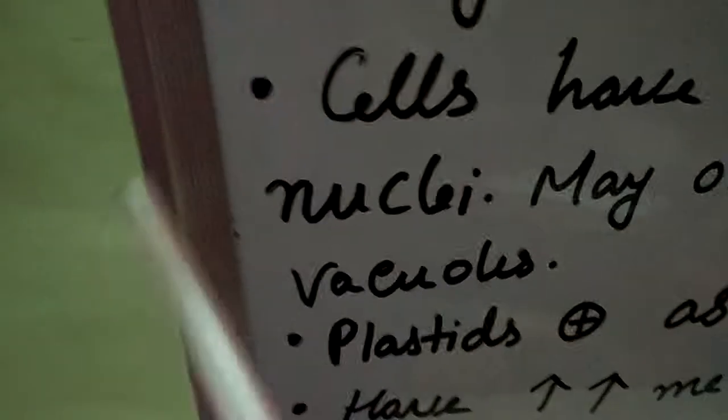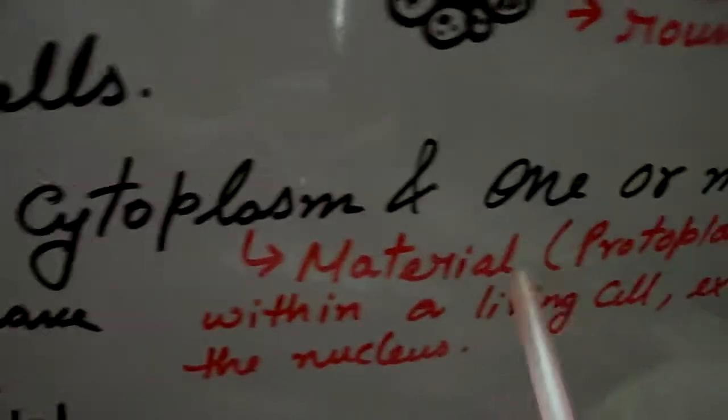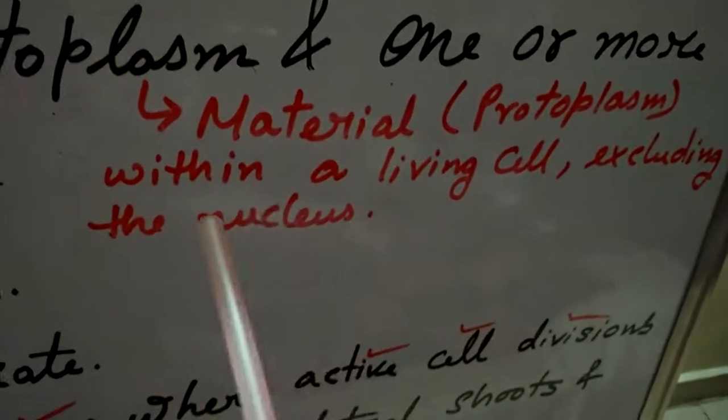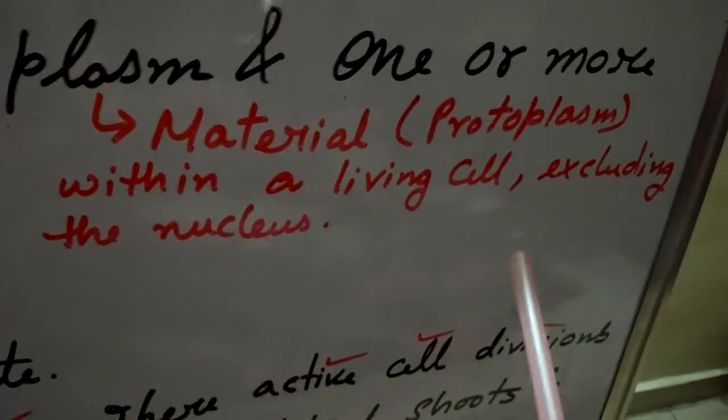Cells have abundant cytoplasm and one or more nuclei. So what is a cytoplasm? A material or protoplasm within a living cell excluding the nucleus.